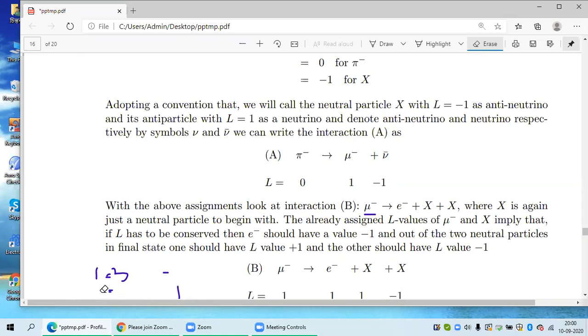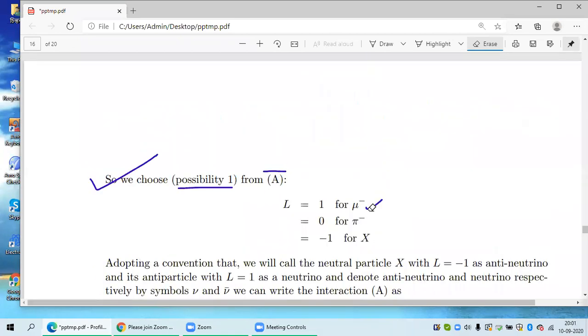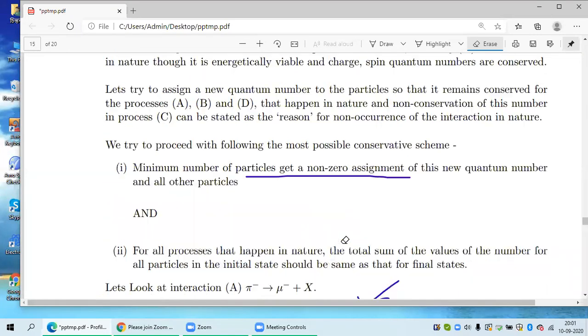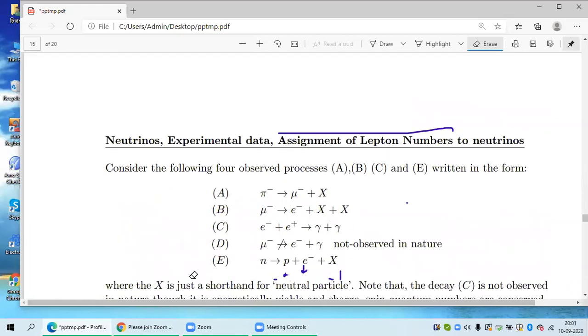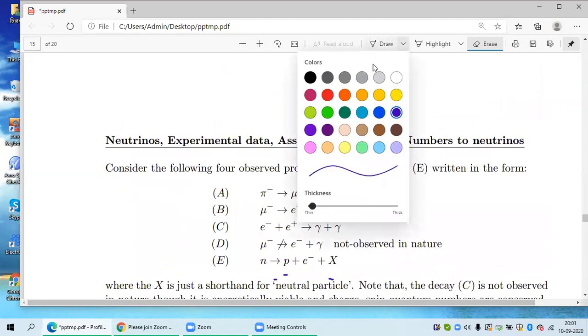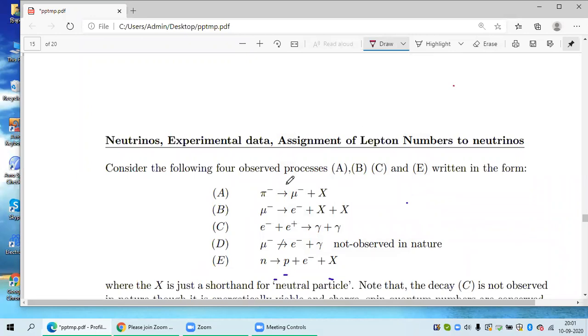In the first equation, we have pi to muon plus x. From here, if we start to put muon equal to -1, then x becomes +1. X equal to +1. Okay. So what is the problem?